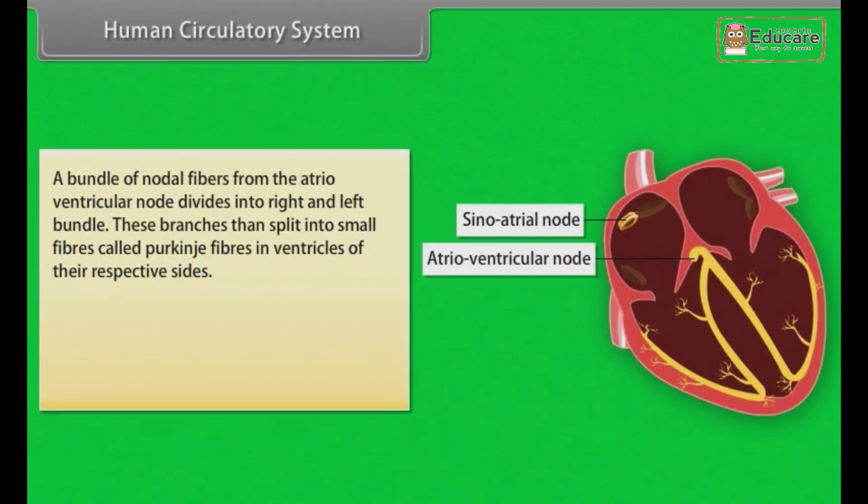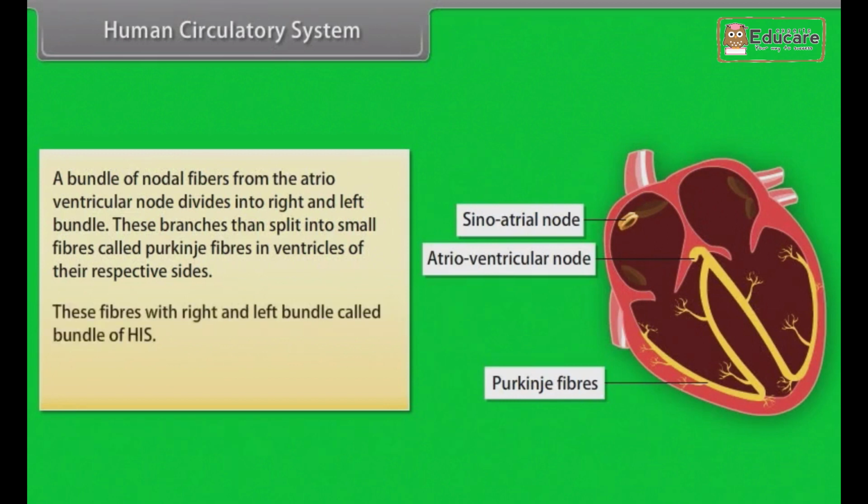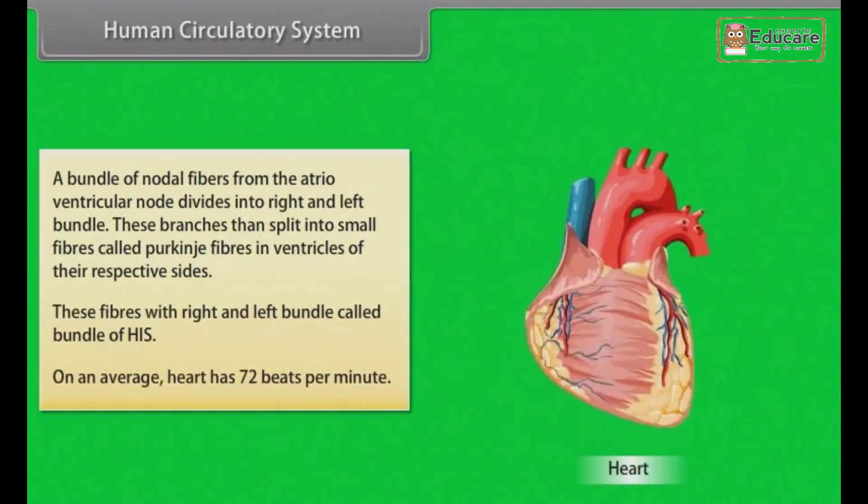These branches then split into small fibers called Purkinje fibers in the ventricles of their respective sides. These fibers with the right and left bundles are called the bundle of HIS. On an average, the heart has 72 beats per minute.